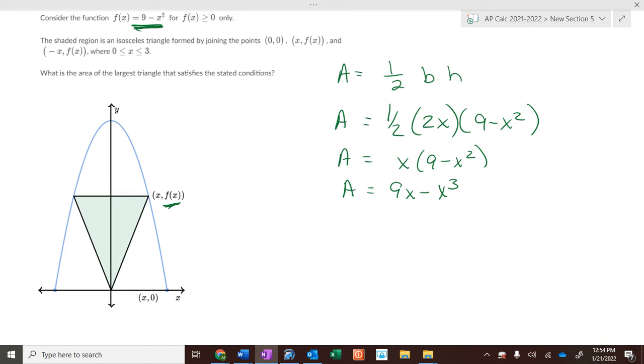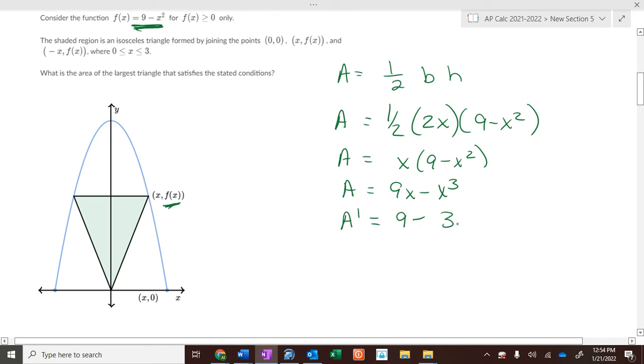Now, to find the maximum area, take the first derivative. What's the first derivative of that? 9 minus 3x squared. Set it equal to 0. Move the 3x squared over.